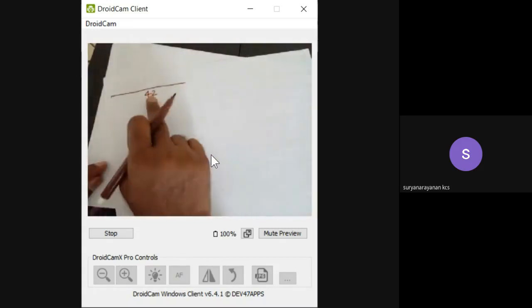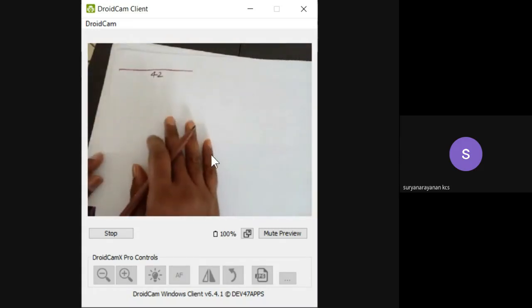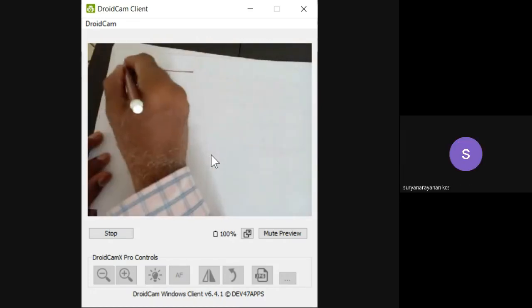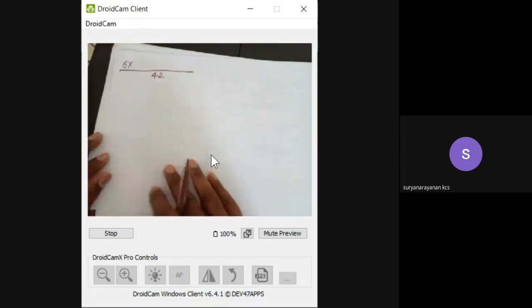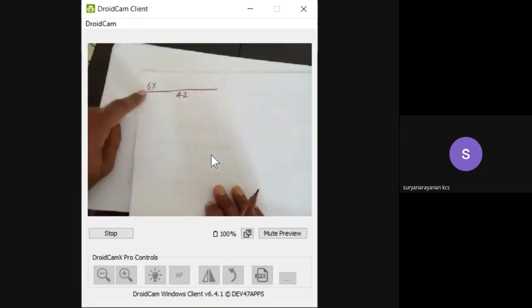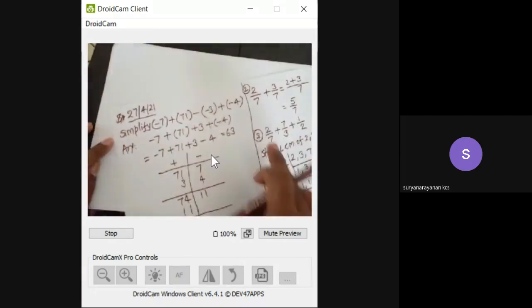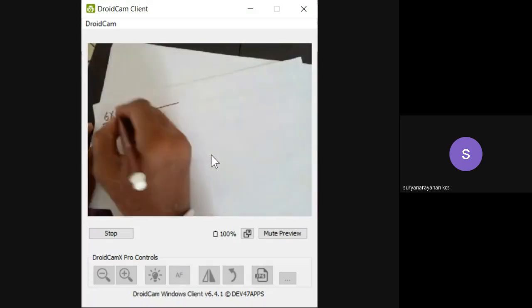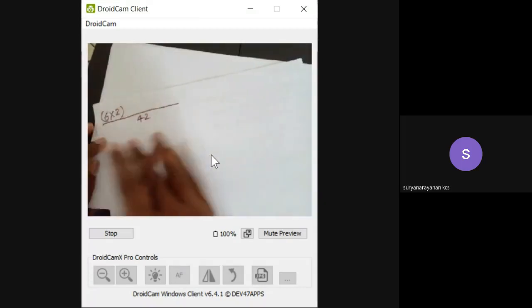How many times does 7 go in 42? Six times. So write that number 6 into the numerator, 2. We write number 2 as it is. That is the first term.